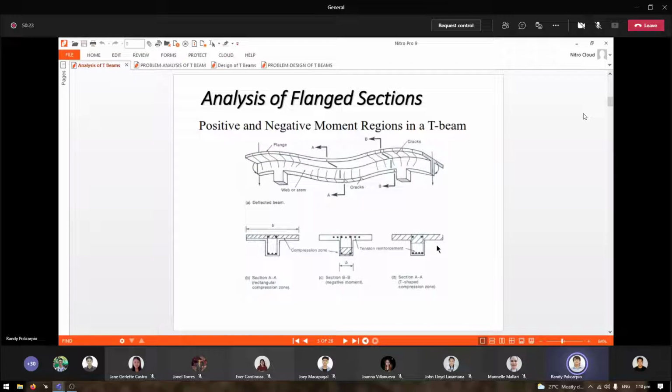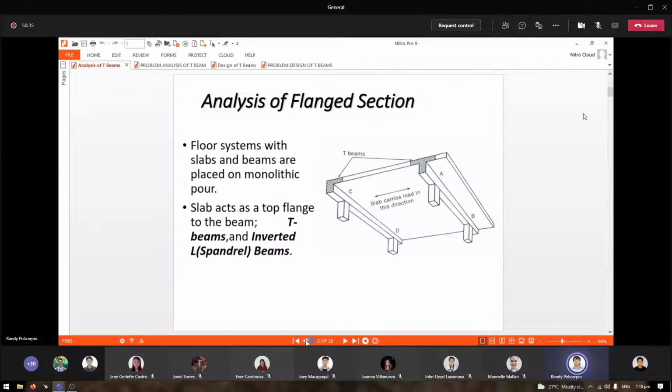So usually yung positive moment ang kino-consider natin in treating a T-beam. At tandaan natin, ang T-beams usually nag-occur yan if we have a what? A one-way slab, no? The distribution of the load in the slab is actually one half.